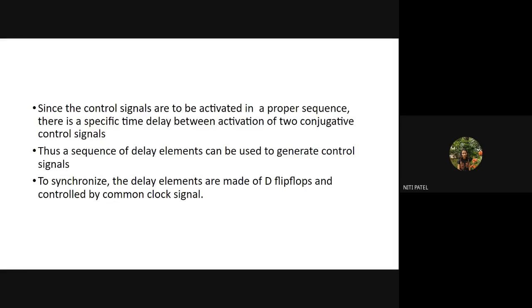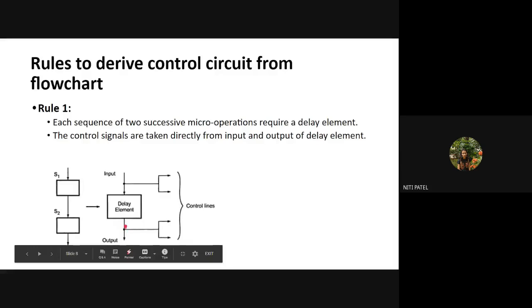See, when I give one input, whenever the output is generated or whenever any control signal is generated, it has to give a delay before that control signal is generated as an output. So when I give C0, until C1 is generated, there has to be a delay between C0 and C1.